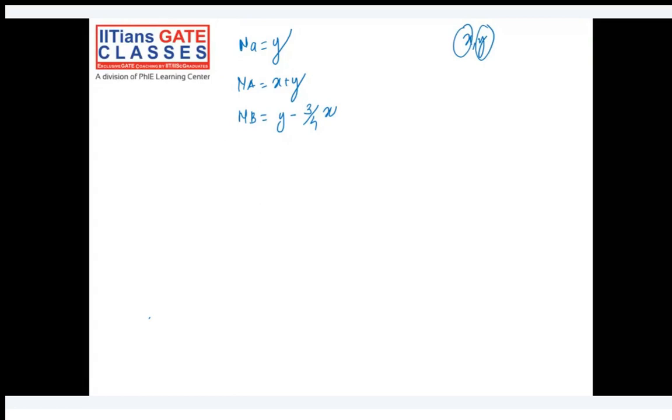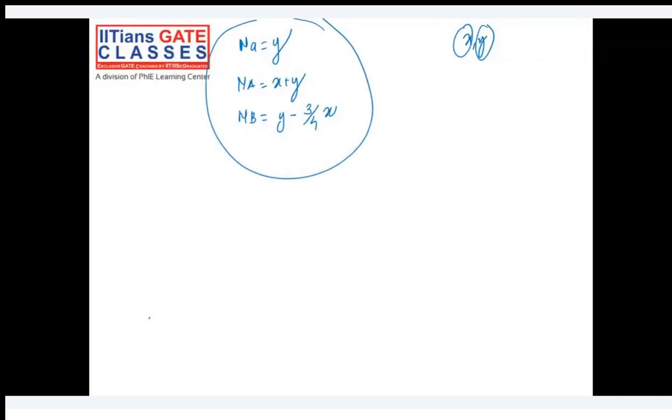So what we understand from this relation is that if the arm speed is Y, then the speed of the first gear is X plus Y, and the speed of gear B will be the speed of the arm minus 3/4 of X. I hope you understood.